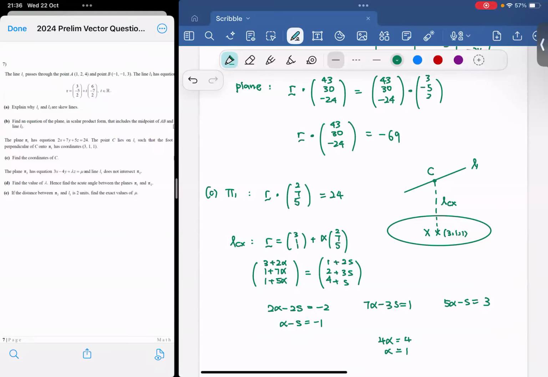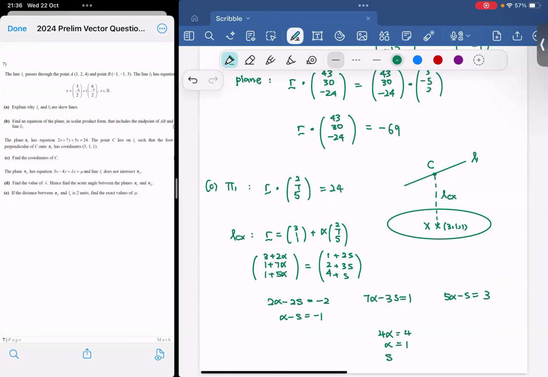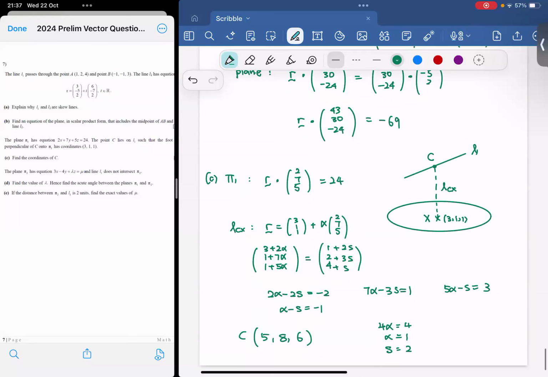Alpha is equal to 1, then s is equal to 2. So from here we know that C has the coordinate of (1 plus 2s, 2 plus 3s, 4 plus s), which is (5, 8, 6). Okay, so far good.